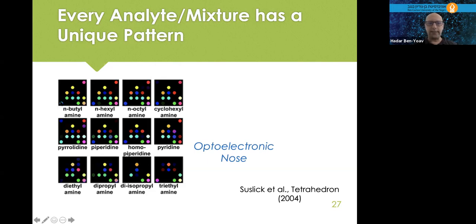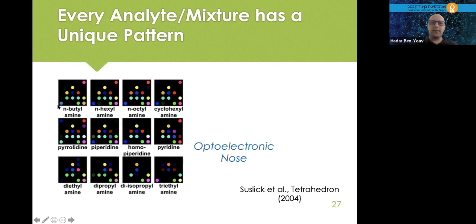Each optical sensor has another type of chemical that reacts with the analyte. Here, for example, it reacts with N-butylamine. We add N-butylamine to each one of the sensors, and based on the chemical reaction, the color changes. It changes differently because in each chamber you have another type of chemical or reactant or cofactor.